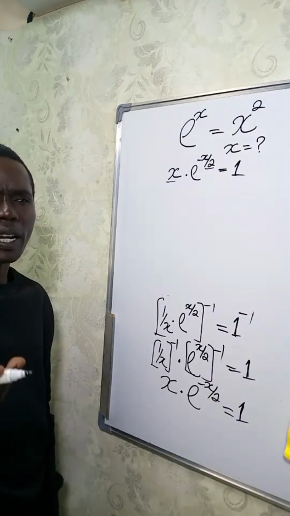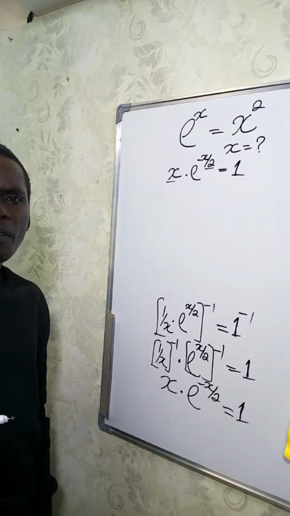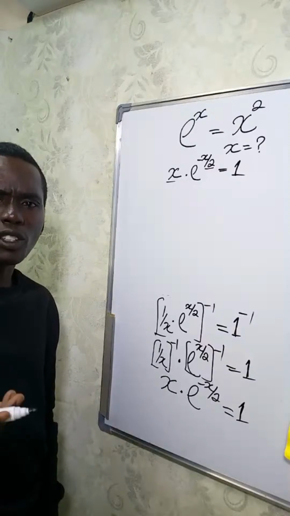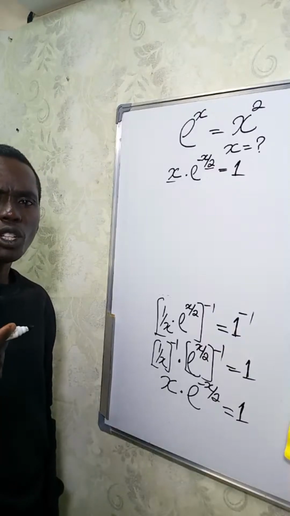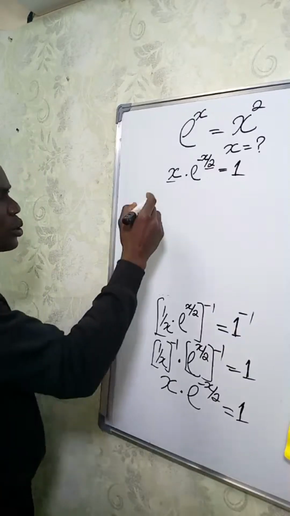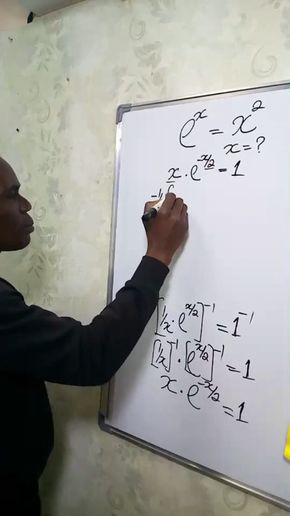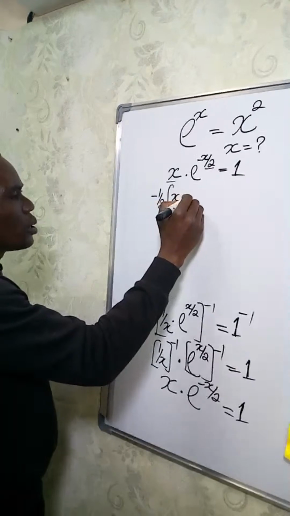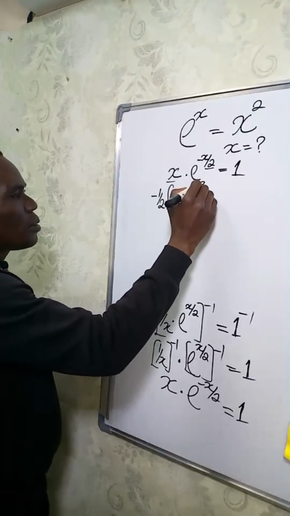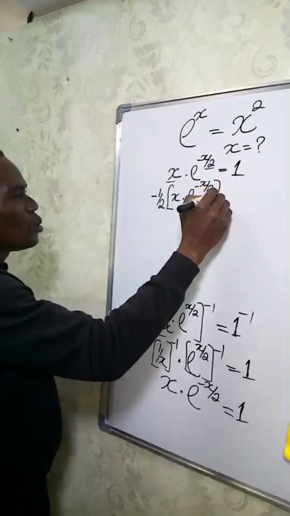Minus half. Now, if I multiply both sides by minus half, I'm going to arrive at a given expression. Now, let me look at negative 1 divided by 2 multiplied by all these expressions. Negative x divided by 2.